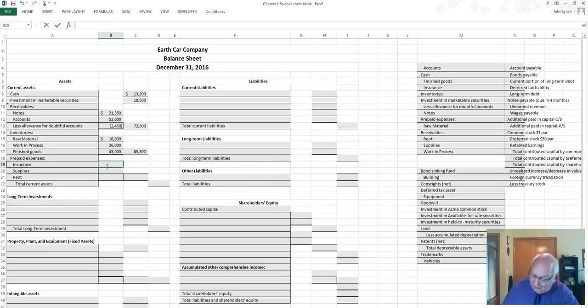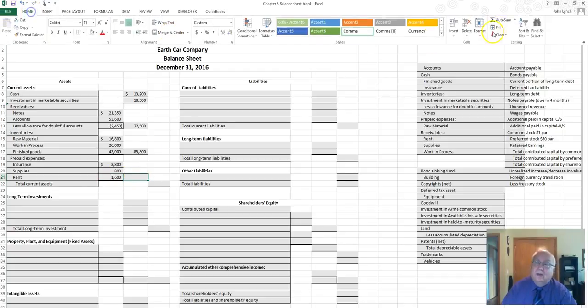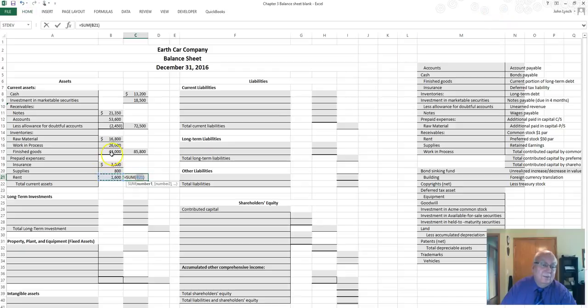And we have 3,800, 800, 1,600 for a total of, we'll do the summation here, 6,200. Now, normally previously you had prepaid insurance, prepaid supplies, and prepaid rent. This is another way of doing it. We're just showing you some alternatives that you can have.